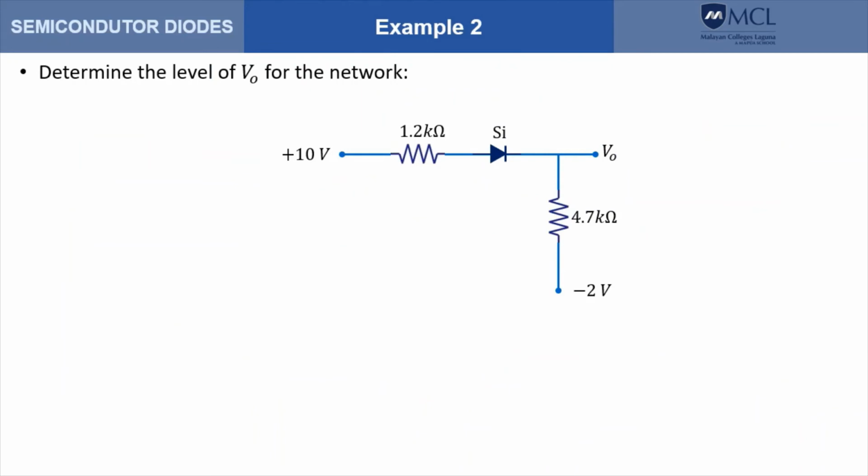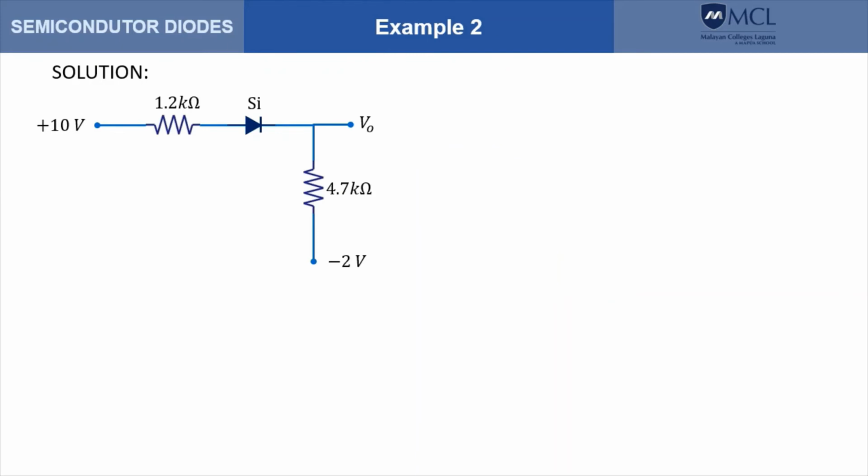In this example, we are to identify the potential of this terminal here, labeled as V sub naught. So here's the solution. Take note that this diagram means that this terminal here is connected to a source that is equal to 10 volts, and this is connected to ground.